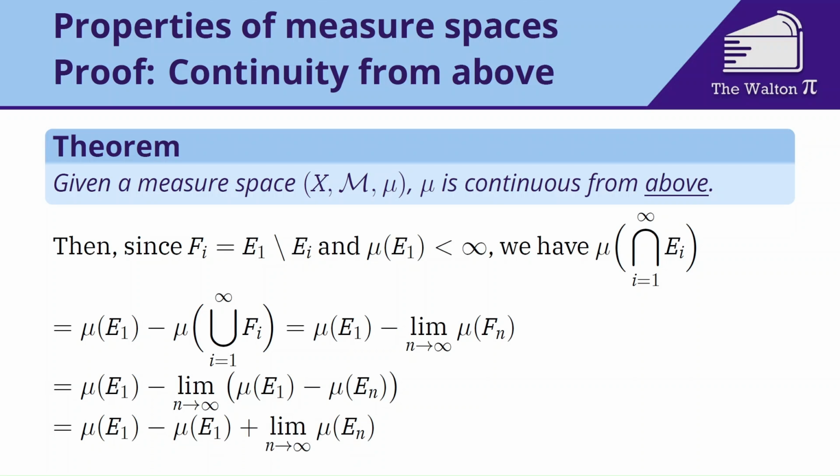So our mu of E_1's cancel out, which gives us just the limit of our mu of E_n's. So we have continuity from above.